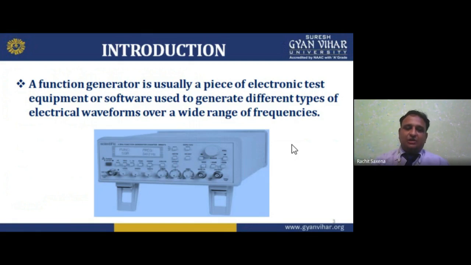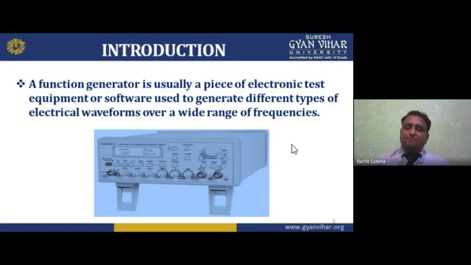A function generator is usually a piece of electronic test equipment or software used to generate different types of electrical waveforms. It generates different types of electrical waveforms over a wide range of frequency.